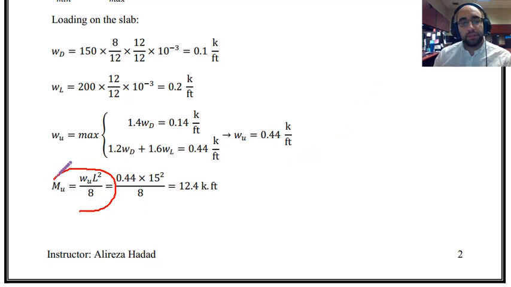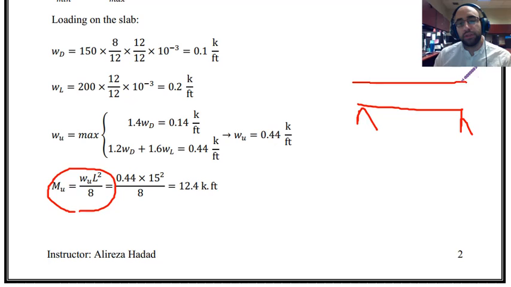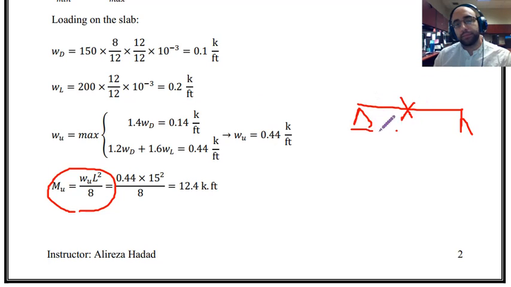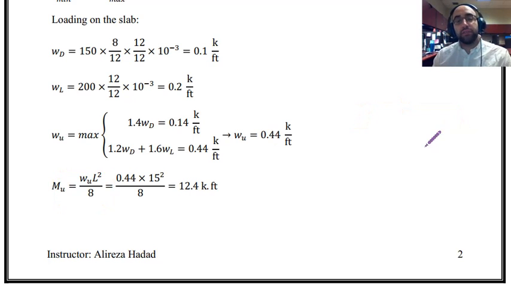Again, this is the maximum moment when we have a simply supported beam, and the maximum moment is happening always in the middle of the beam. Right? This is the equation that I'm using for the case of having a simply supported beam.